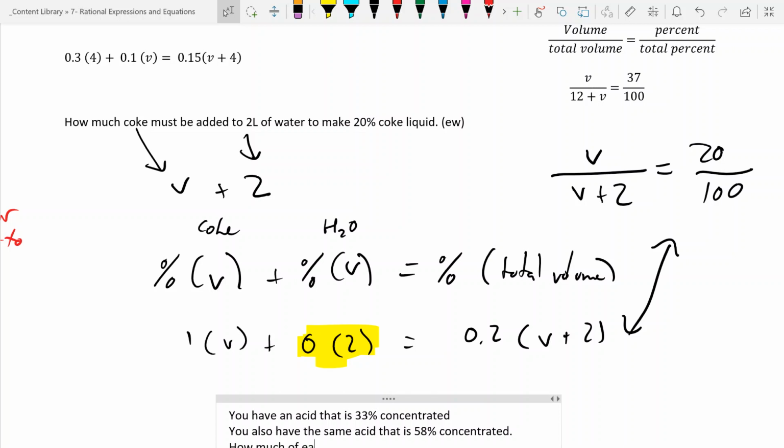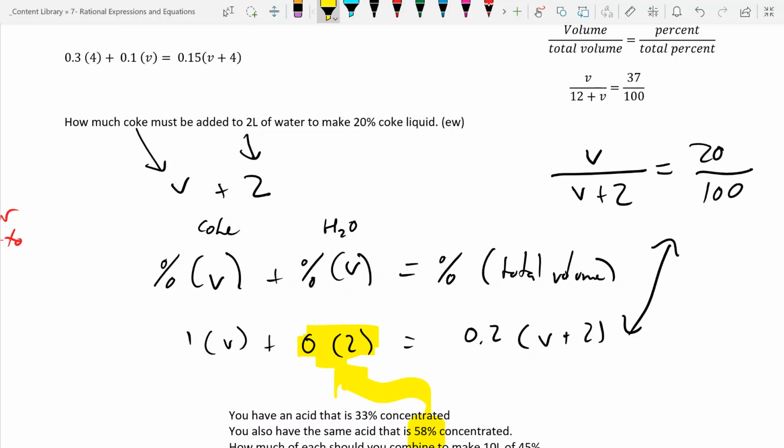How much of each should you combine to make, let's say, 10 liters of 45% concentrate? Something like that. And the idea is that when you know that percentage, you can sub it into the number over there.